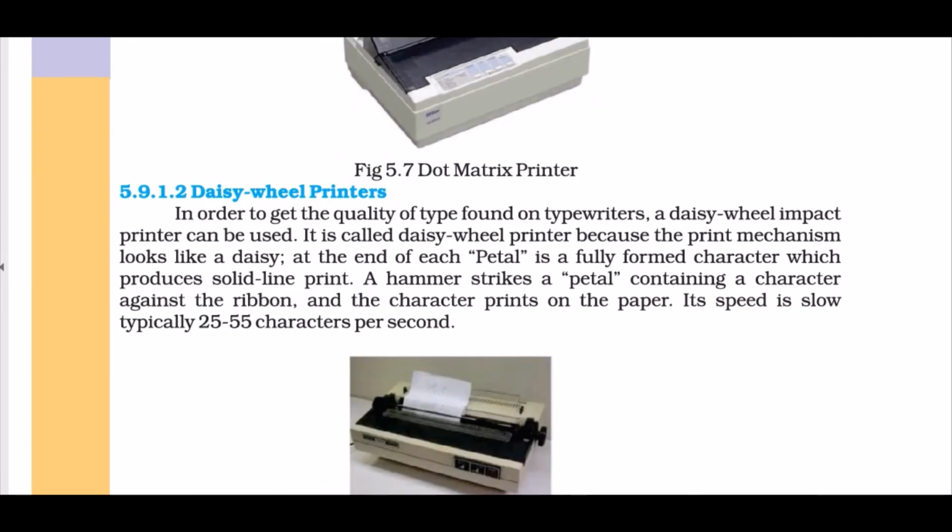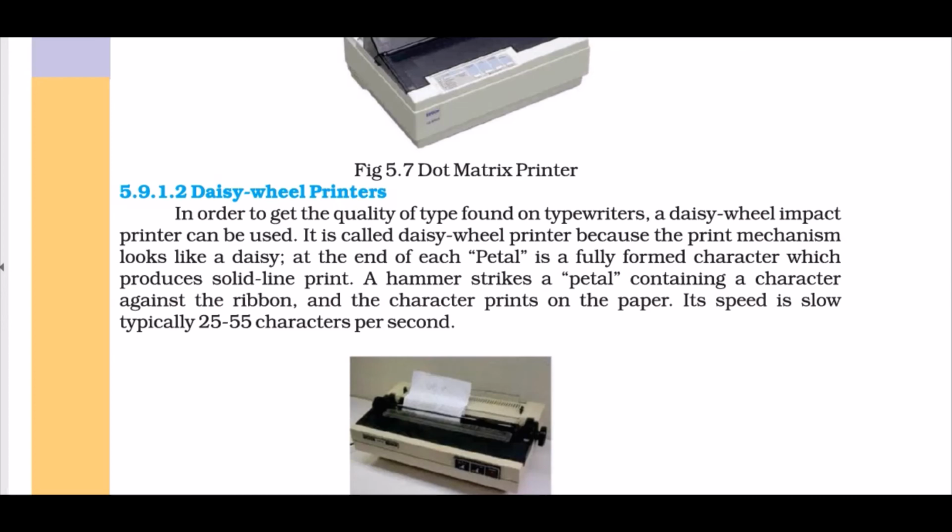The second impact printer is the daisy wheel printer. As the name suggests, it looks like a flower. In order to get the quality of type found on typewriters, a daisy wheel impact printer can be used. It is called a daisy wheel printer because the print mechanism looks like a daisy. That is a petal, a type of flower.